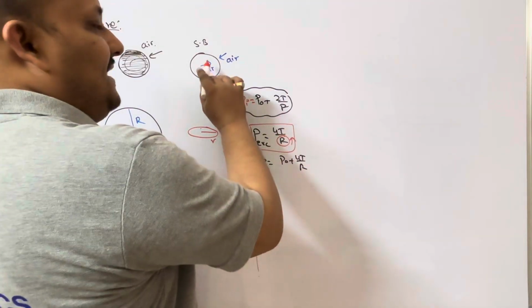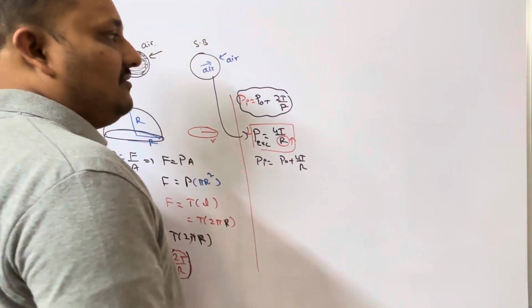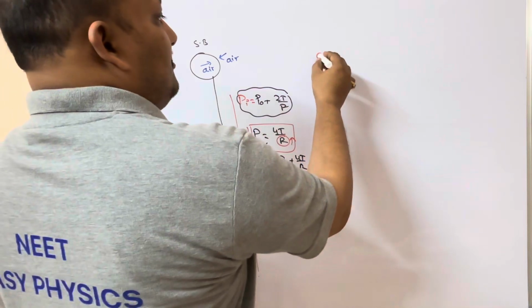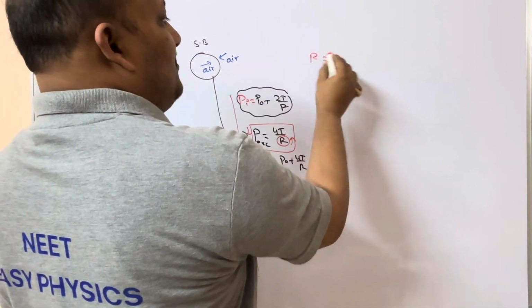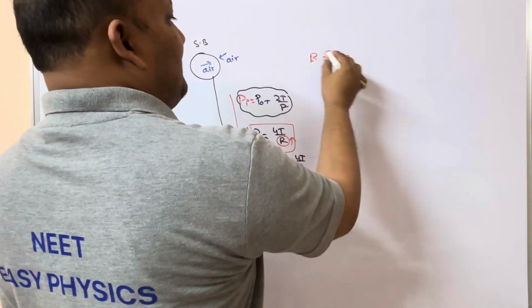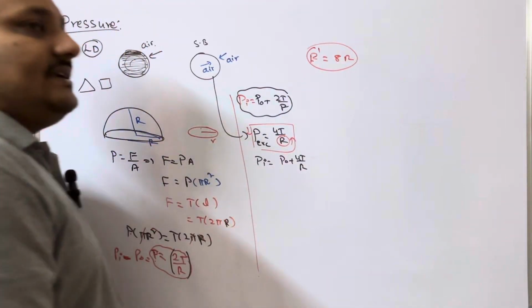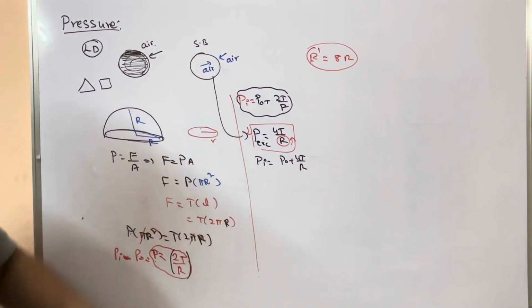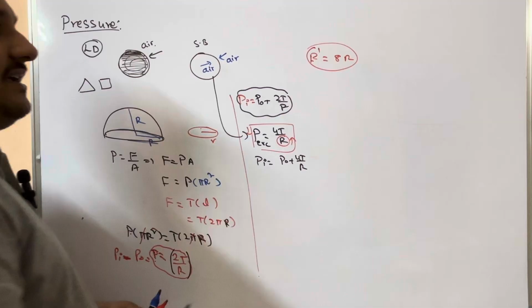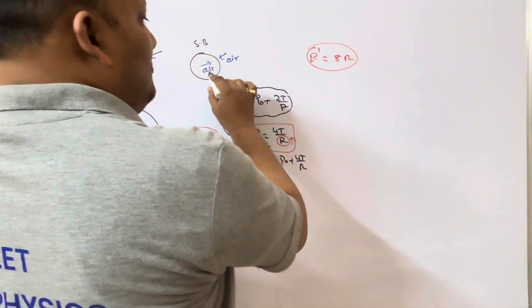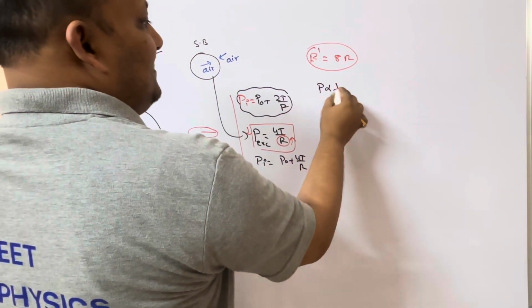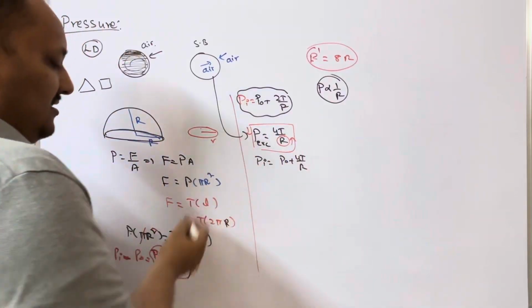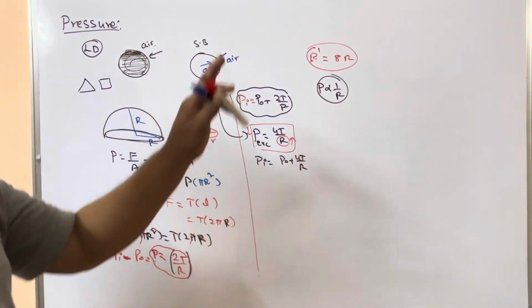Next, how surface area and volume can be related. How will they ask the question? The radius of the soap bubble increases 8 times, R dash equals 8 times R. What happens to the excess pressure, they will ask. We came to know that for a soap bubble or liquid drop, pressure is inversely proportional to R, because the surface tension of that liquid is constant.